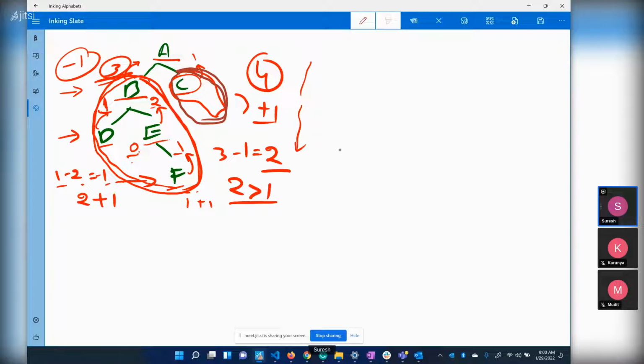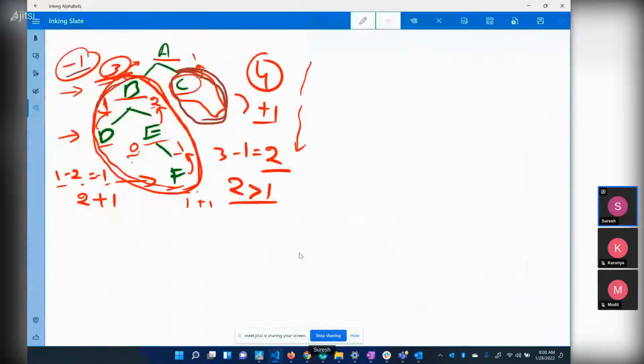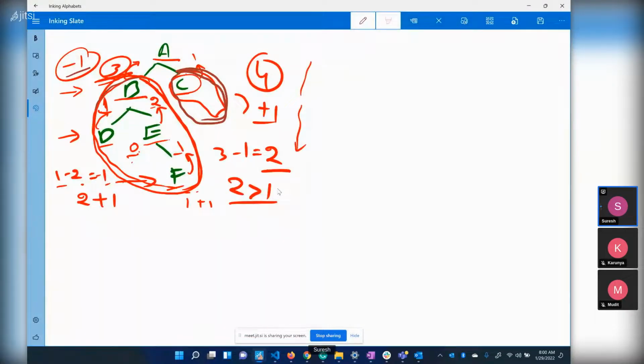As soon as you get -1 on one side, you simply return -1. So at any point, either left or right is -1, and we are not calculating the other side. In some cases, you don't calculate all the elements of the tree.